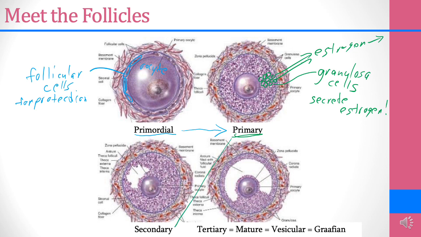Okay. The primary follicle develops into a secondary follicle. The main thing that we see in a secondary follicle is the development of this open space where there is fluid instead of cells, and that open space is called an antrum.